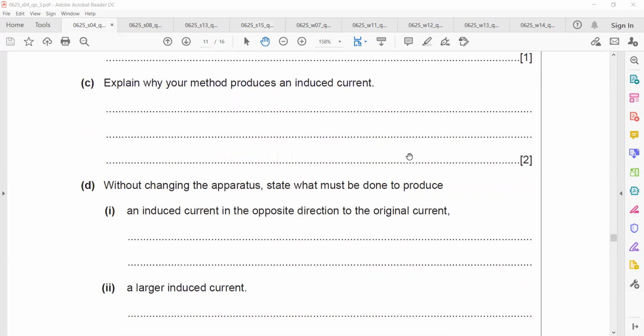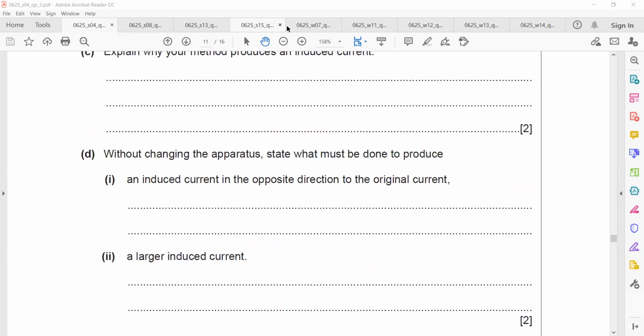The next part: without changing the apparatus, we have a solenoid, an ammeter, connecting wires and a magnet. Without changing this apparatus, what must be done to produce an induced current in the opposite direction to the original?